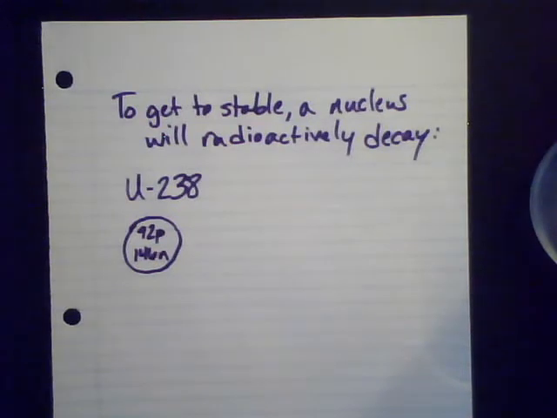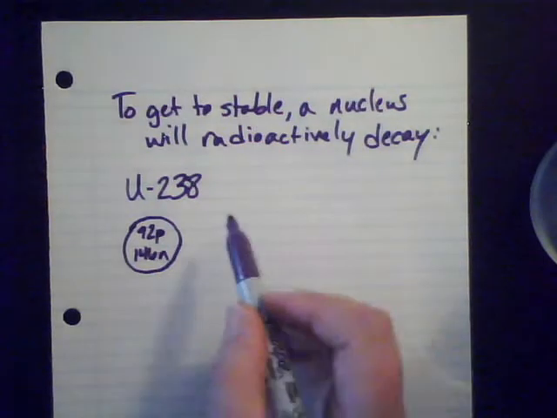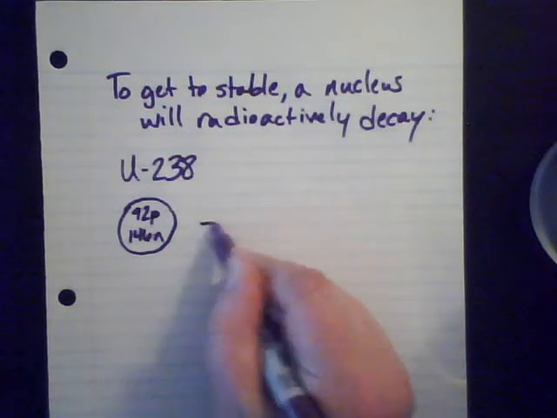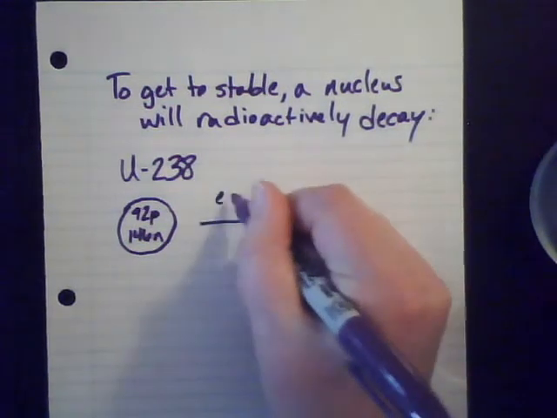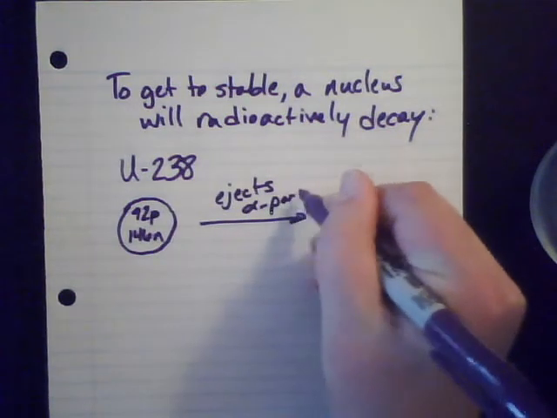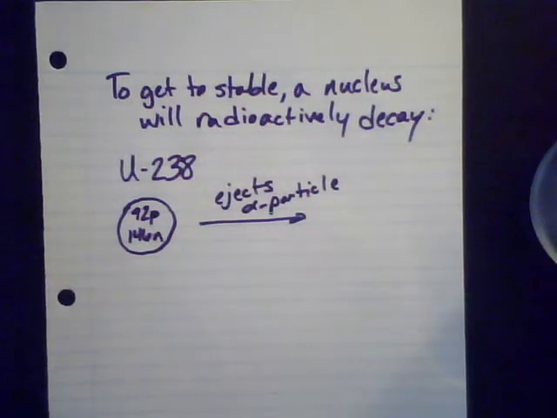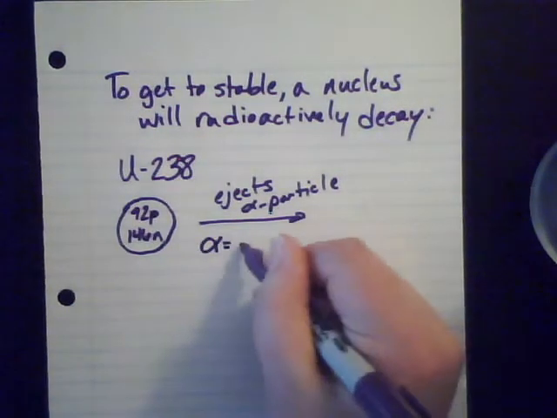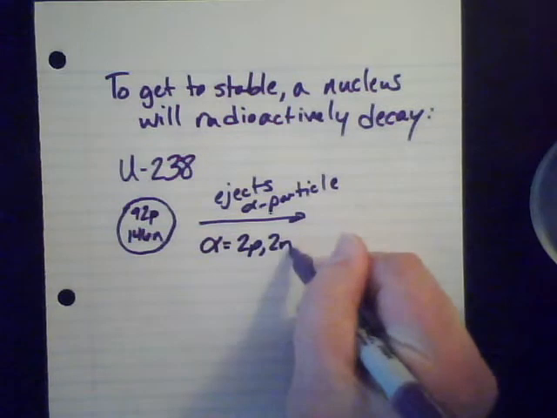Now, uranium-238 is not incredibly stable. It's more stable than some radioactive isotopes, but uranium in general likes to break down. And one of the ways that it can do that is by ejecting an alpha particle. Now remember that alpha particles are a helium nucleus, so there are 2 protons and 2 neutrons.